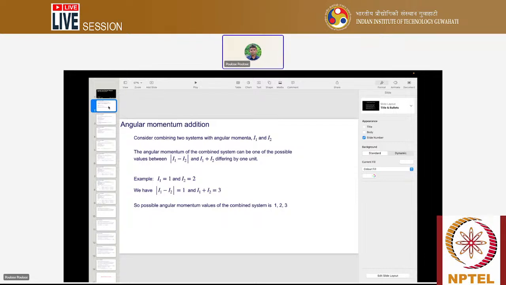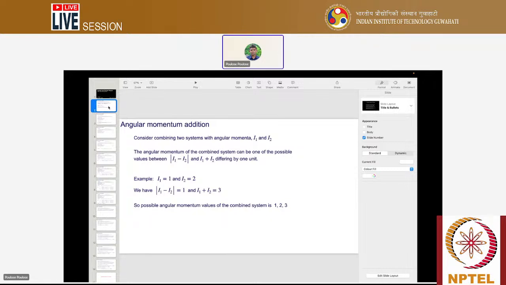If you have two systems with angular momentum I1 and I2, when we consider the combined system, the total angular momentum can take a discrete set of values, ranging from the difference between these individual angular momenta, I1 minus I2, depending on whether I1 is greater than I2 or I2 is greater than I1, keeping the larger angular momentum first and subtracting the smaller one.